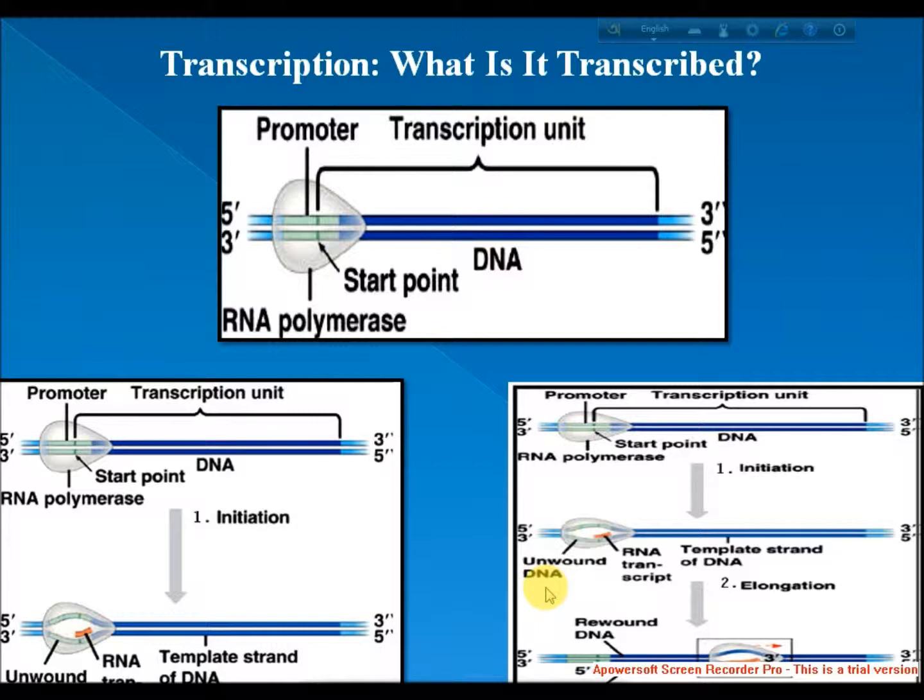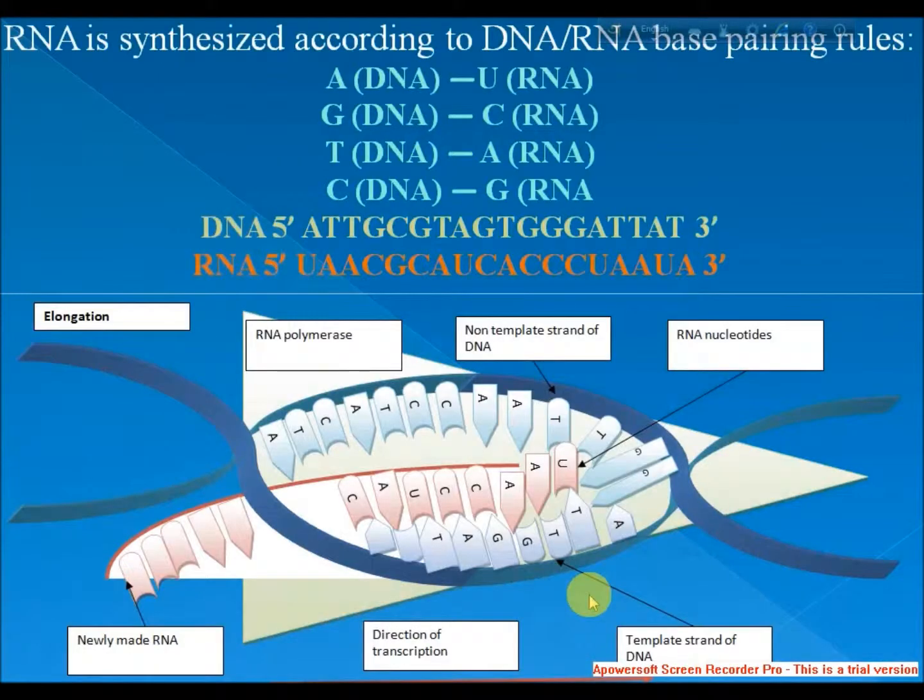Then the elongation of transcription occurs, and at last the RNA is synthesized according to DNA-RNA base pairing rules. A in DNA turns to U in RNA, T in DNA turns to A in RNA, G in DNA turns to C in RNA, C in DNA turns to G in RNA.